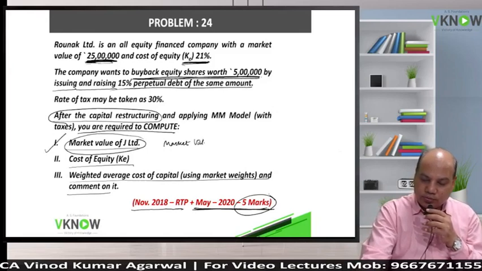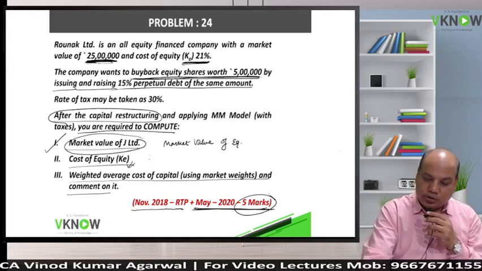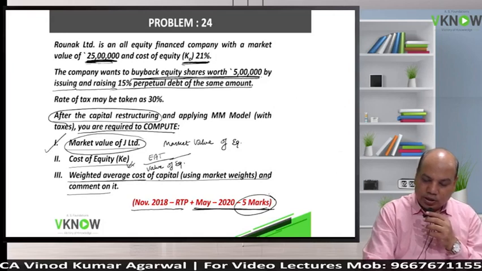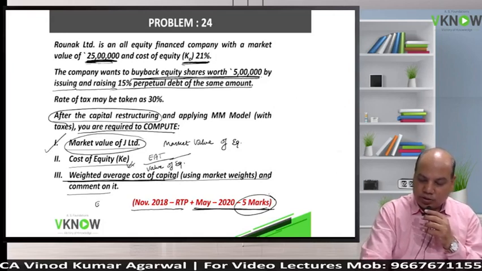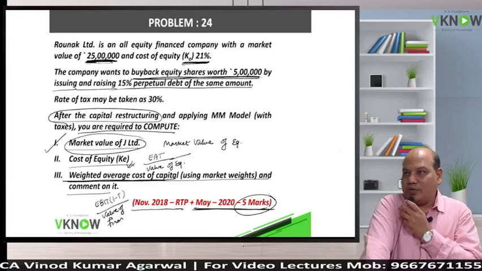Yes or no? Market value of the firm minus debt is market value of equity. Cost of equity will be earning after tax upon market value of equity. And weighted average cost of capital, just now we have done EBIT into 1 minus T upon value of the firm. All basic formulae they are testing. Is it right? I have seen in my experience very few students are able to solve such questions.